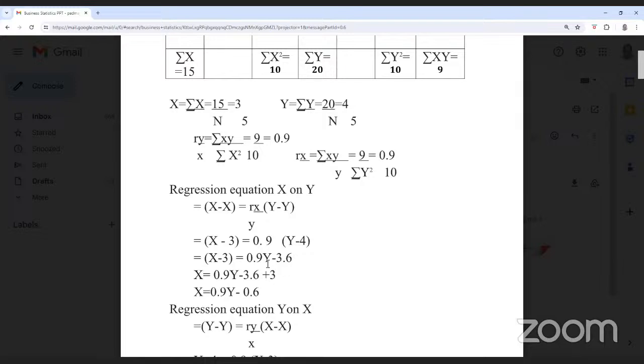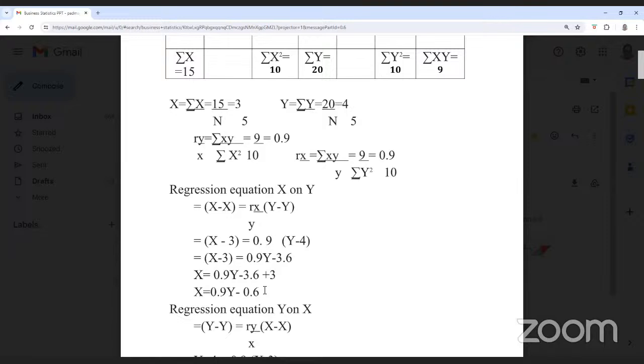That is 3. Are you getting? Yes, ma'am. X is equal to 0.9 y, minus into plus, minus 3.6 plus 3. It is a 0.6.